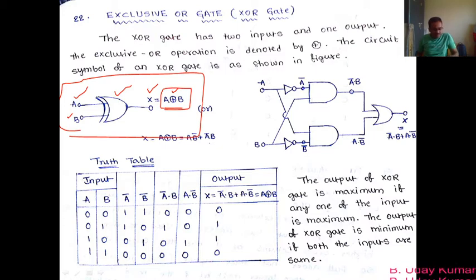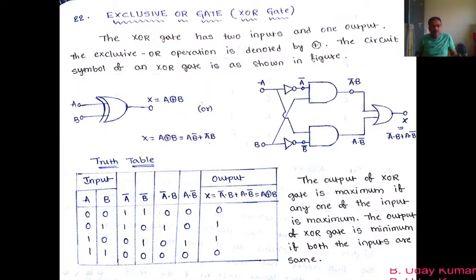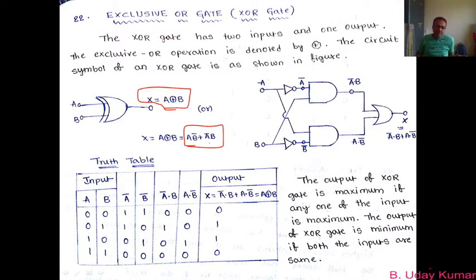Let me erase everything. What is the meaning of this logical equation? This logical equation is nothing but A times B bar plus A bar times B. This is the meaning or the value of A plus inside the circle with B, which is the output of the XOR gate.